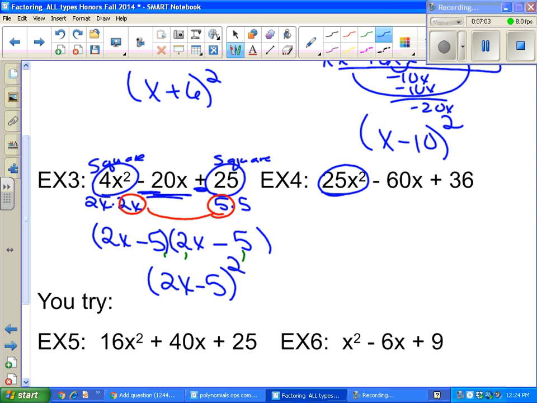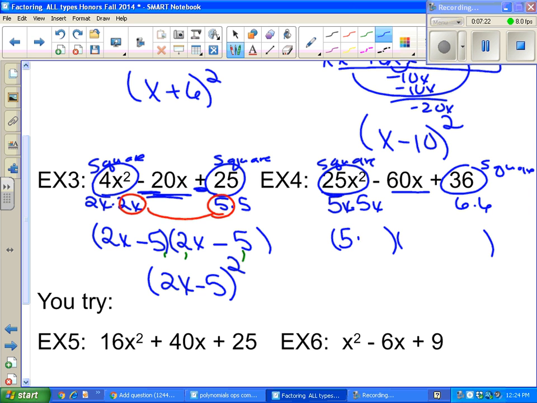25 is a perfect square. 36 is also a perfect square. And so if I break it down into the perfect squares, I'm going to get 5x times 5x, and that's going to give me 6 times 6. Pick one of each. So I'm going to get 30, double it, I get negative 60. So yes, this is a perfect square trinomial. Break it down. 5x and 6, 5x and 6.